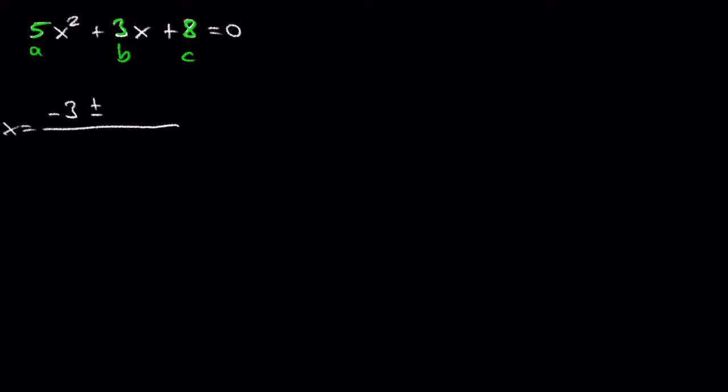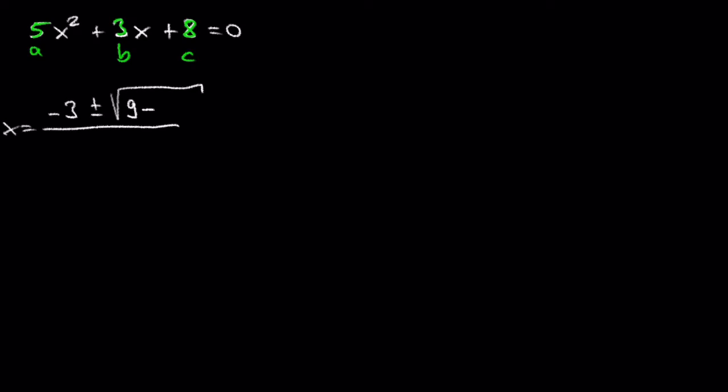5x squared plus 3x plus 8 equals 0. A is 5, B is 3, and C is 8. Minus 3 plus minus the square root of 3 squared is 9.